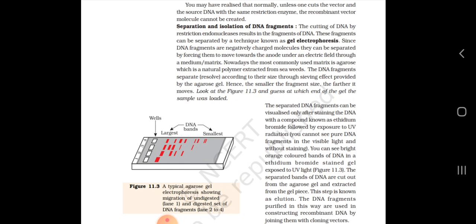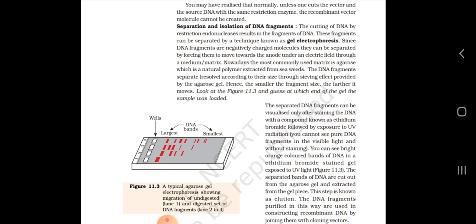In my last video we already completed what molecular scissors are, their working, how they are named, and how they act as molecular scissors. Now, going through the basic steps of biotechnology, we will move on to the next step, that is separation and isolation of DNA fragments.